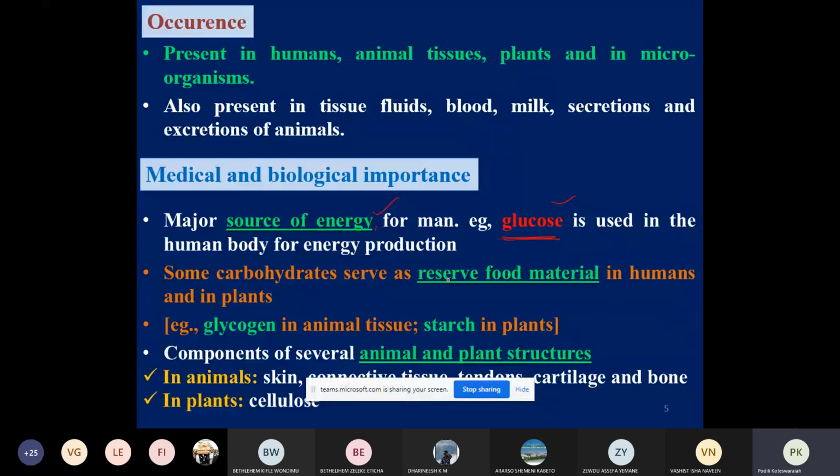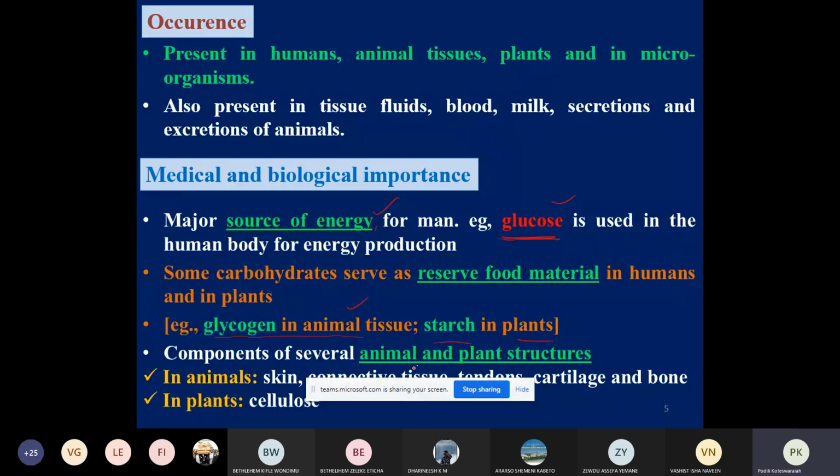Some carbohydrates also serve as reserve food materials. For example, glycogen is a reserve food material in animals, whereas starch is a reserve food material in plants. Carbohydrates are also components of various animal and plant structures.